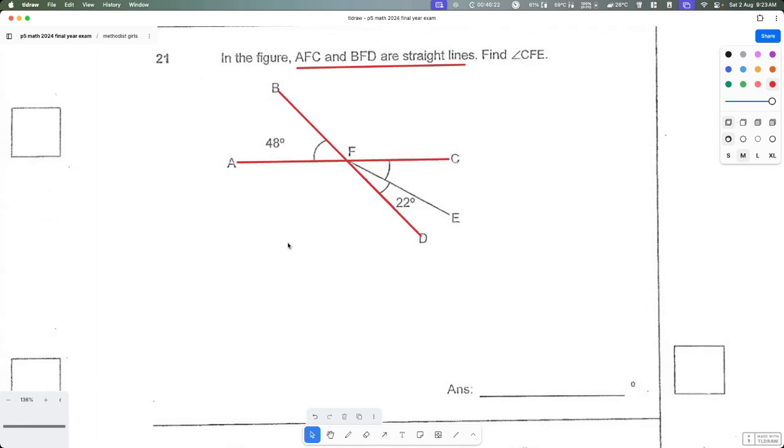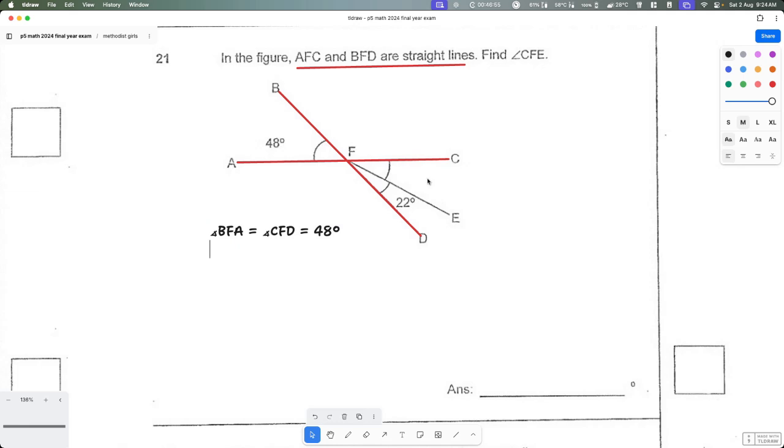angle BFA is equal to angle CFD. That means these two will be equal to 48 degrees, since opposite angles are always the same.